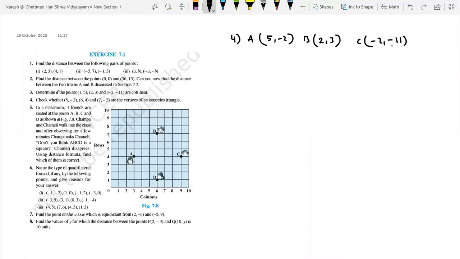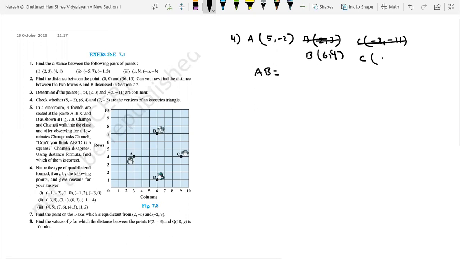To prove any kind of geometrical figure, first find out all the distances. Sir, B is given as (6, 4), but you have written (2, 3). I think you have written the third question, sir, for B and C. B is (6, 4) and C is (7, minus 2).